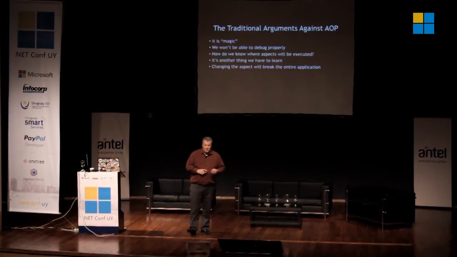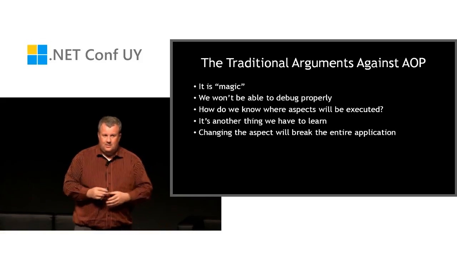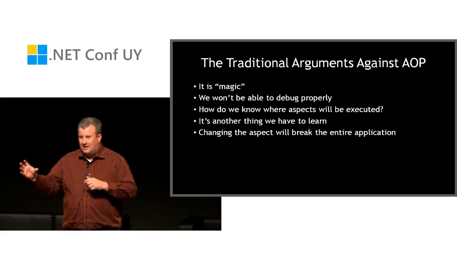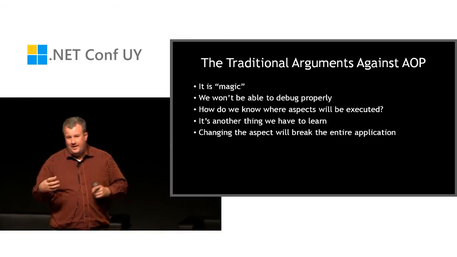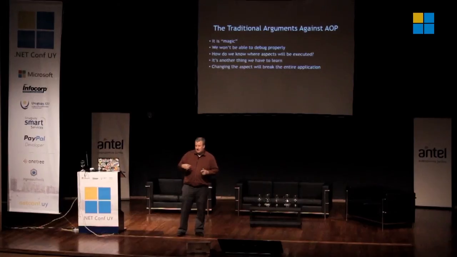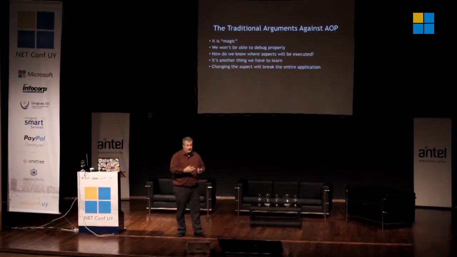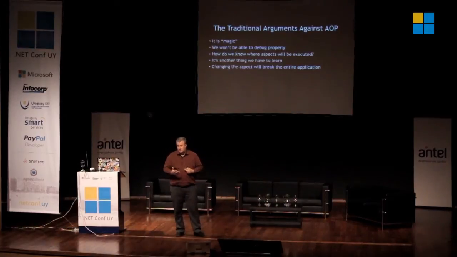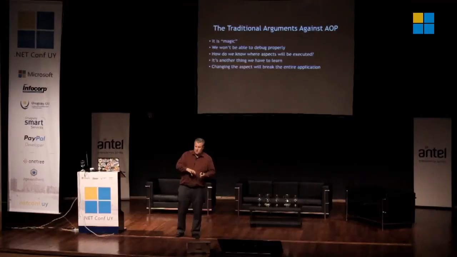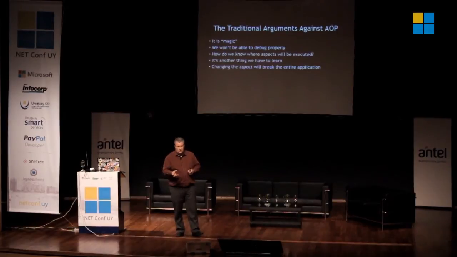And another one is this idea that these magic aspects are attached all over in the code base, and this is a form of tight coupling, and tight coupling means that it's really hard to change something without affecting something else. And there's some truth to that logic. The thing that you can do, when you're using an IL weaving one, is add in validation to ensure that changes aren't breaking changes.